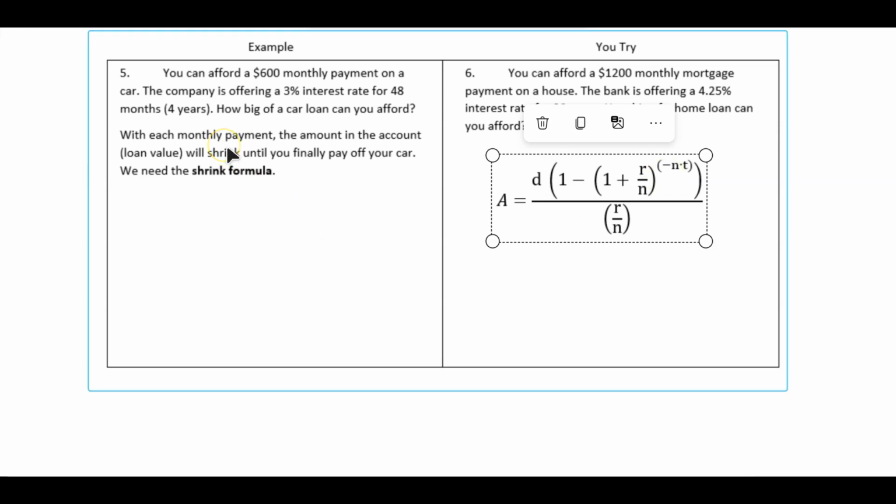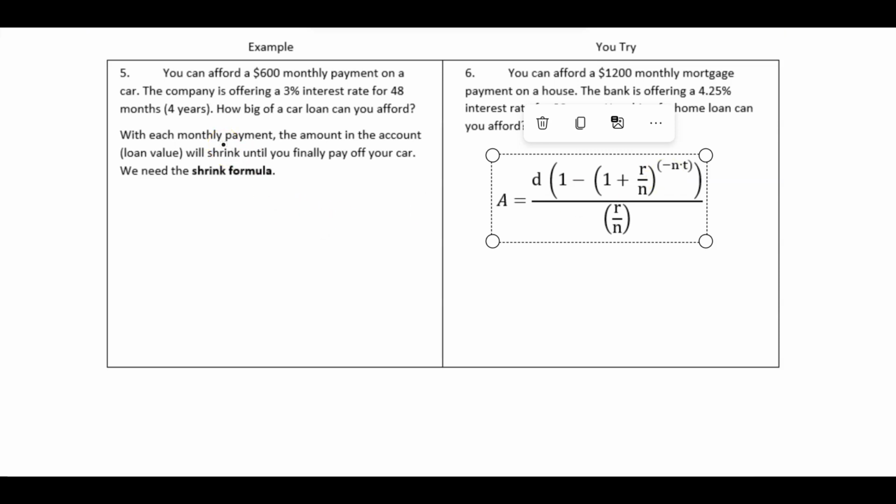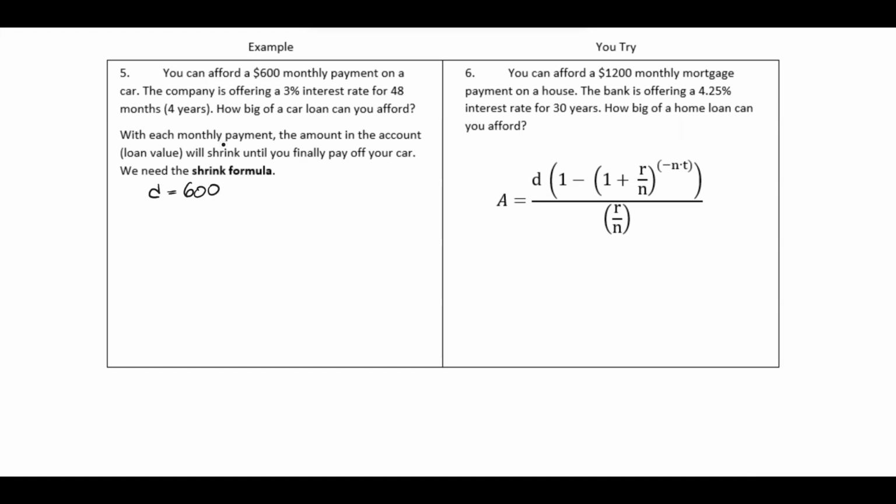Okay, now we have the D value is 600. The monthly payment is the D value. It's called deposit. We have R is the 3%, so divide by 100, that's 0.03.